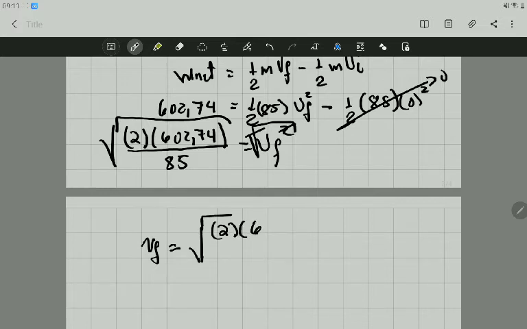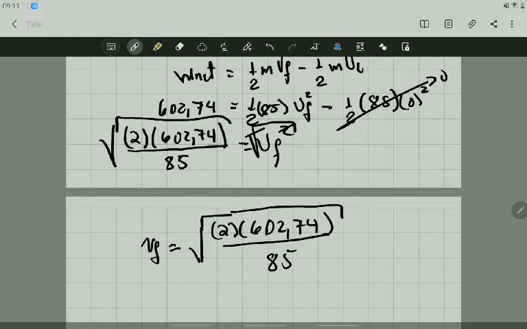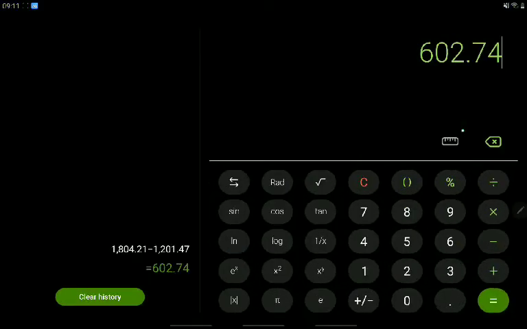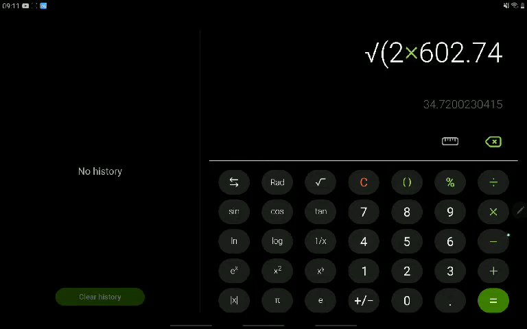times 602.74 divided by 85. So let's go to our calculator here, so you can see the calculation. The calculation is the square root of 2 times 602.74 divided by 85.